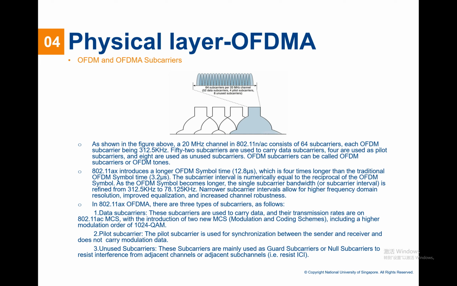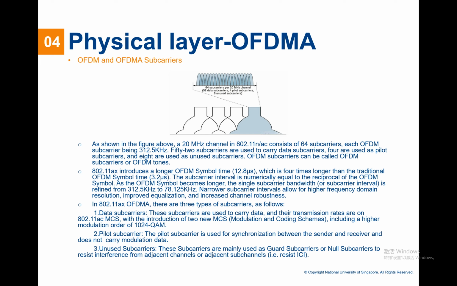These subcarriers are used to carry data, and their transmission rates are based on 802.11 AC MCS, with the introduction of 2 new MCS, modulation and coding schemes, including a higher modulation order of 1024 QAM.